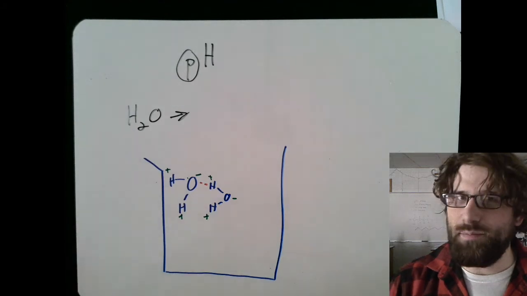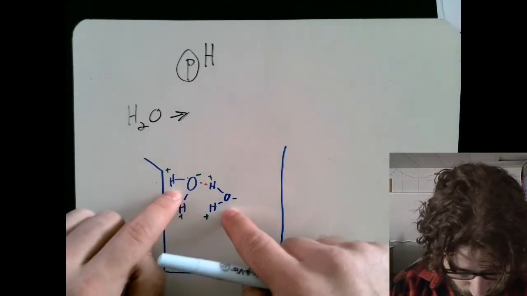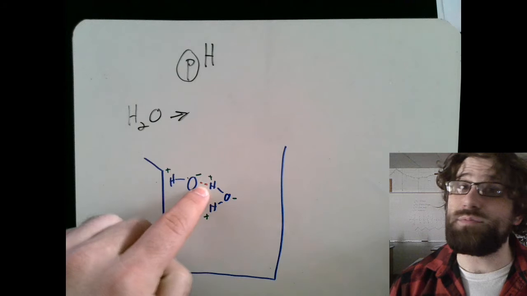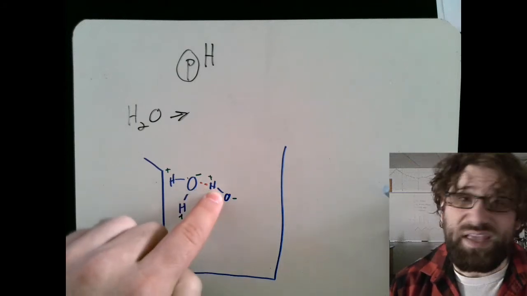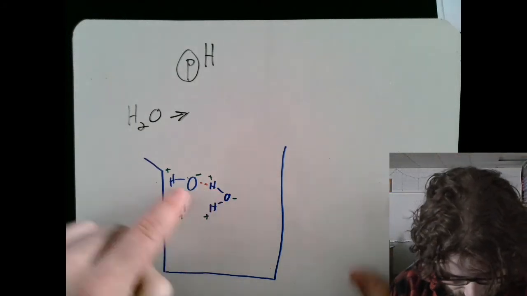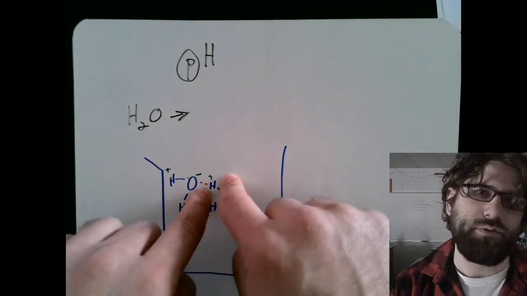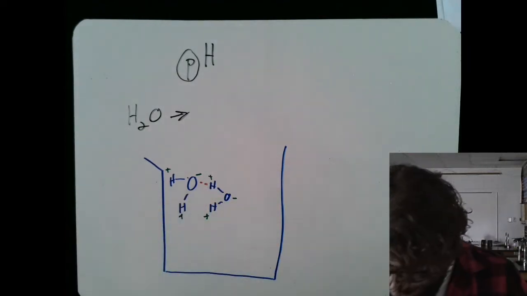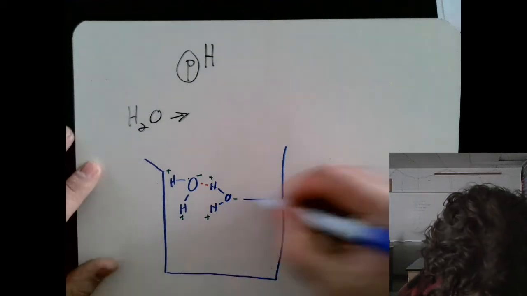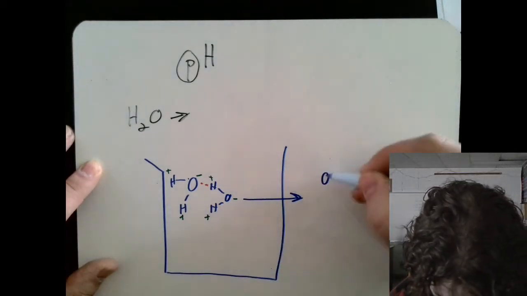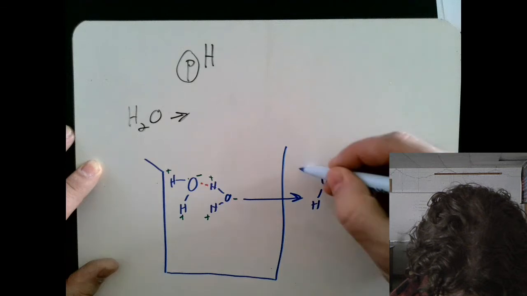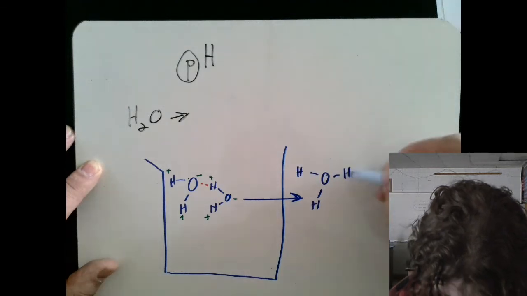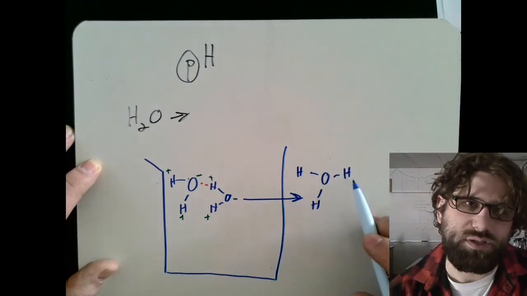But sometimes what happens is these get so close that this hydrogen bond becomes greater than this covalent bond. And this water molecule will steal this hydrogen from this one. And if that happens, then what we get instead is an oxygen that is bonded to 3 hydrogens.